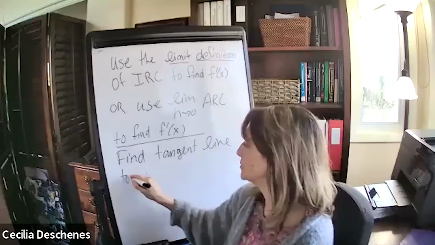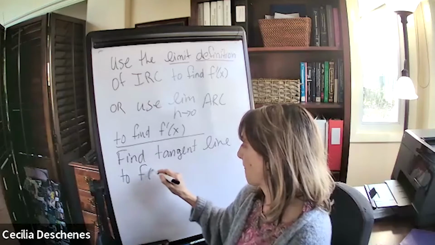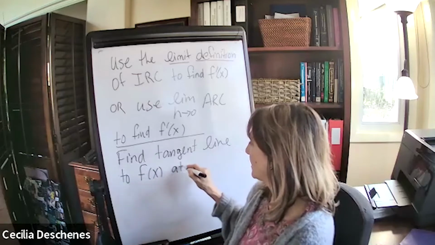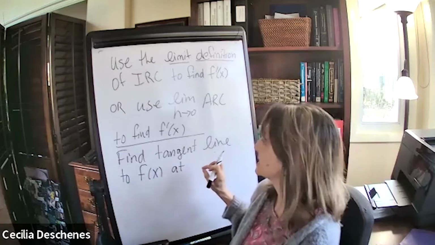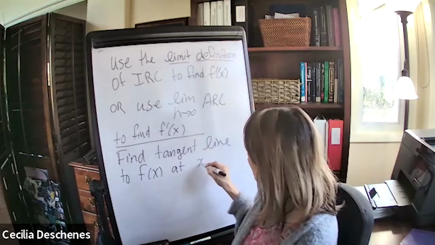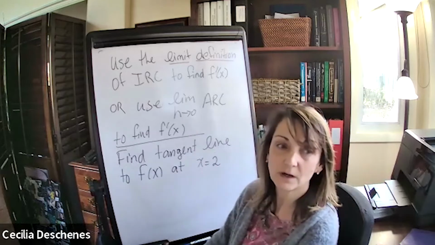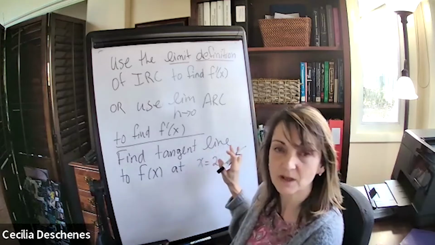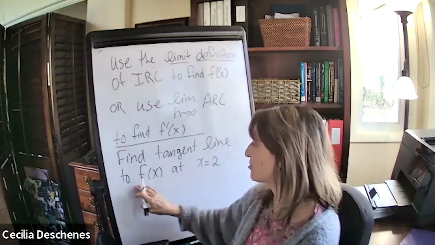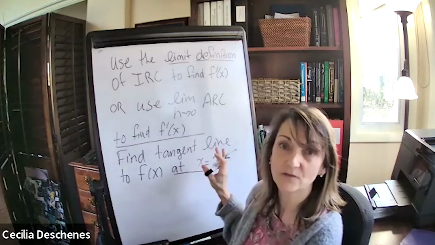So if you're told to find the tangent line to f, let's say, at a specific place. So let's say we're asked to find it at x equals, I don't know, 2. All right, if you're going to have to find a tangent line, you always have to find it at a place. So that would have to be part of the question.